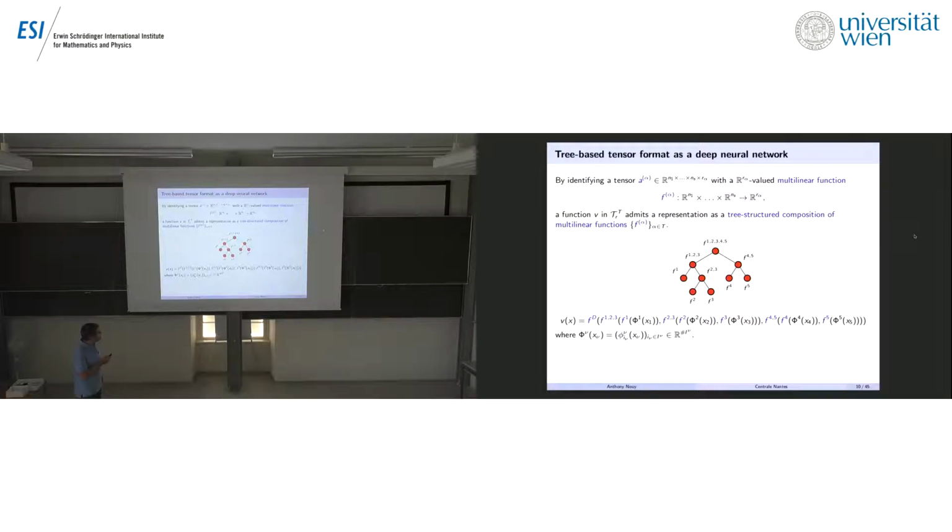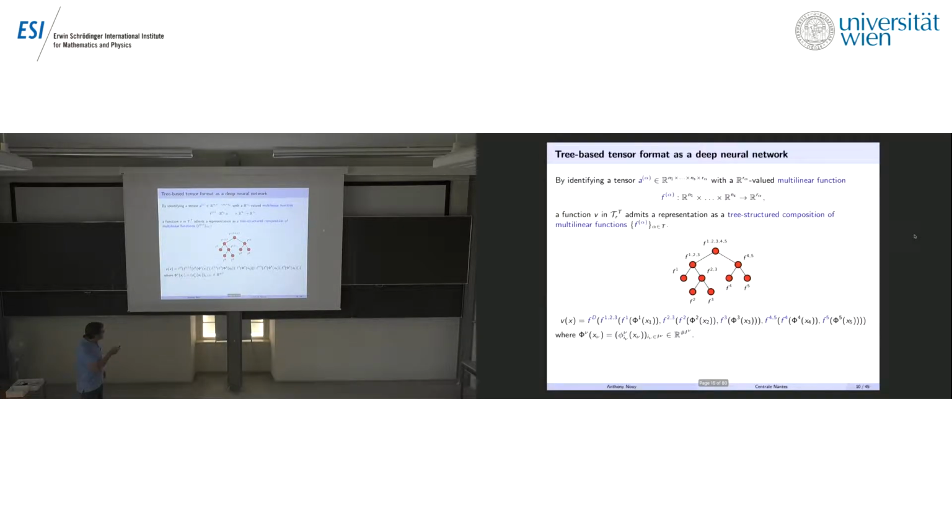They will take as inputs a vector coming from the sons, and there will be, as an output, a vector also. Okay? Any tensor can be identified with such a multilinear function. If you do this, you can write an element of your tensor format as a composition of multilinear functions. Okay? Written like this.